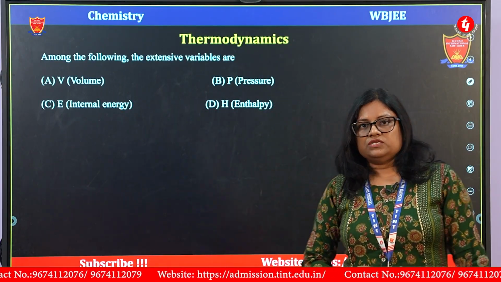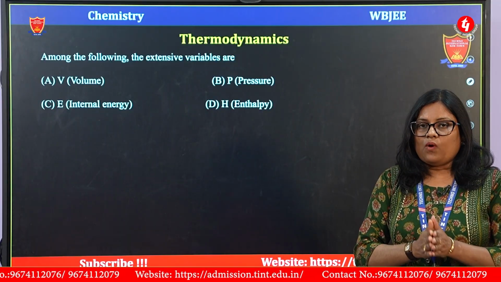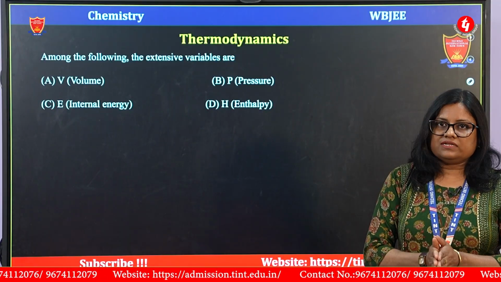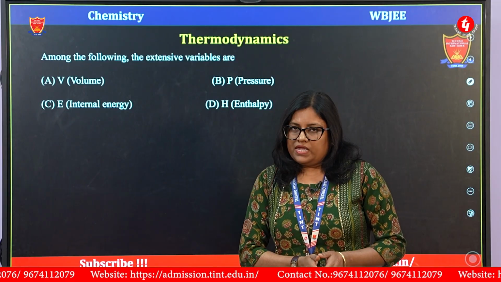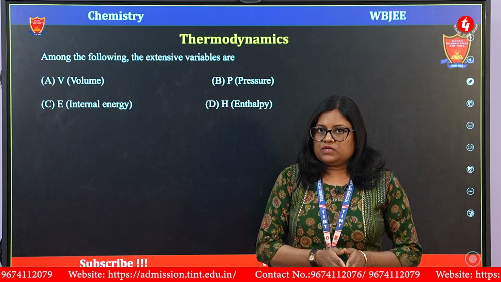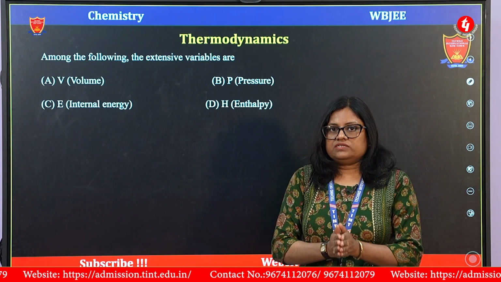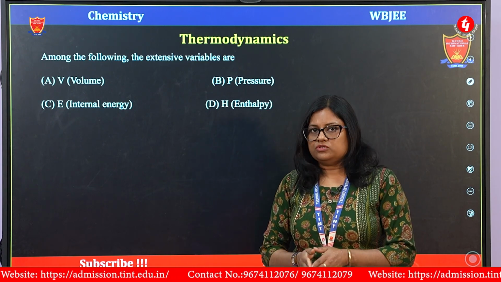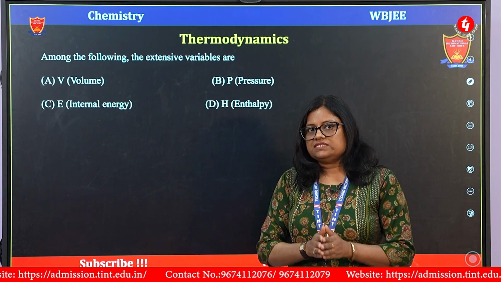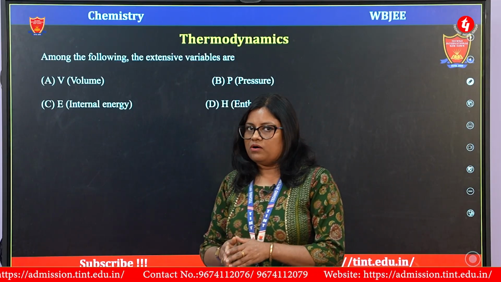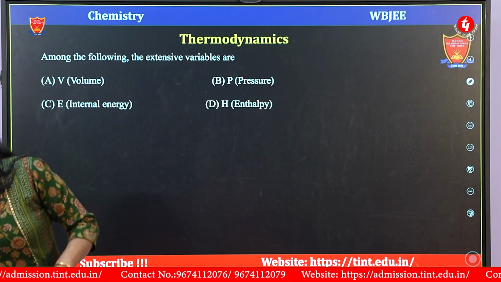You know that there are two types of variables, one is intensive variable, another is extensive variable. Intensive variable means mass independent properties, which do not depend on the amount of substance, and extensive properties depend on the amount of substance.